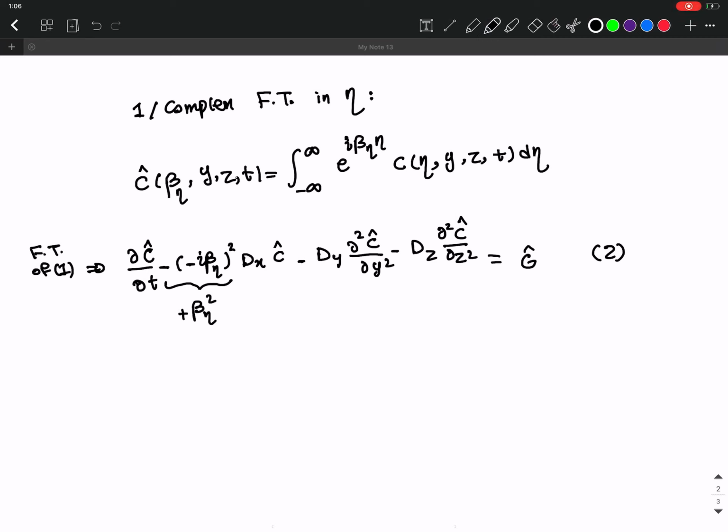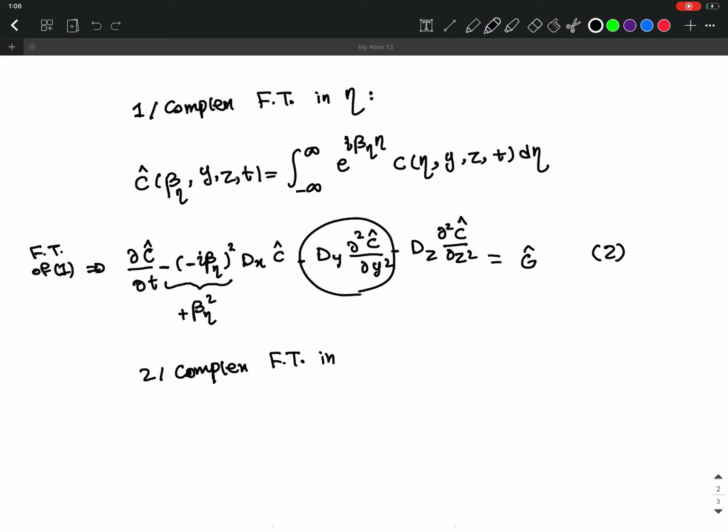So now, in the next step, I apply a complex Fourier transform in the y direction because I want to also simplify this term.